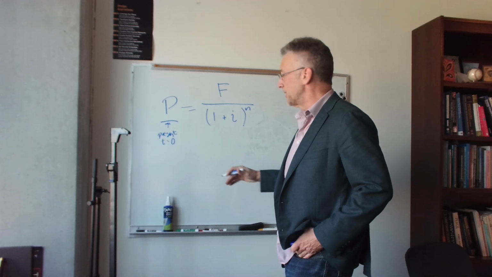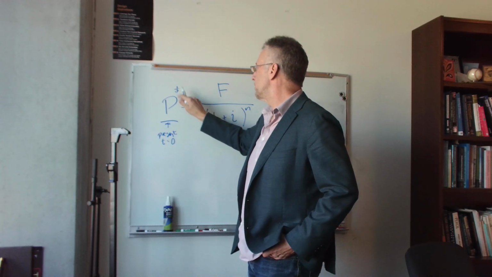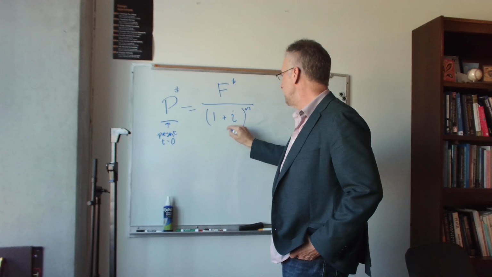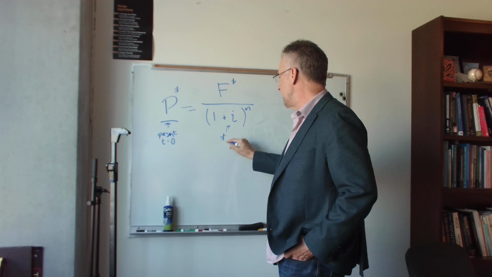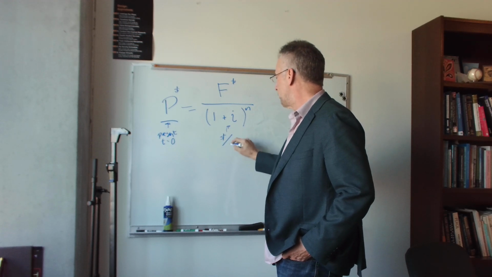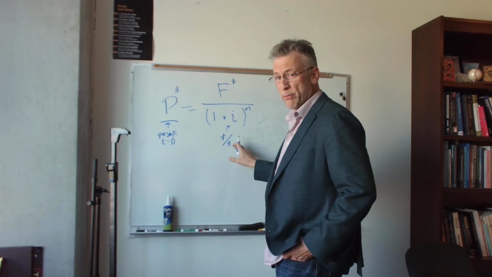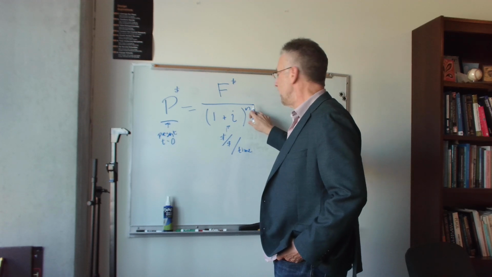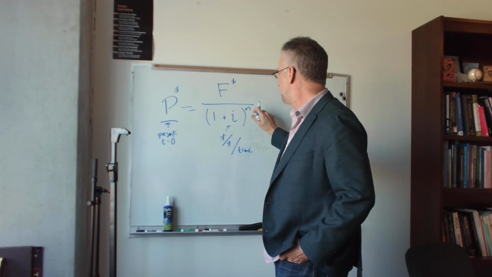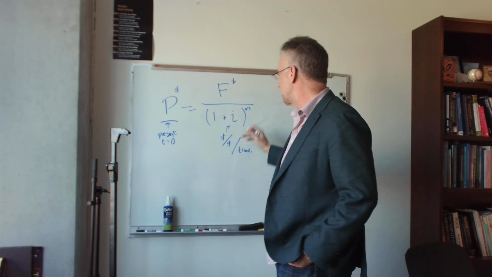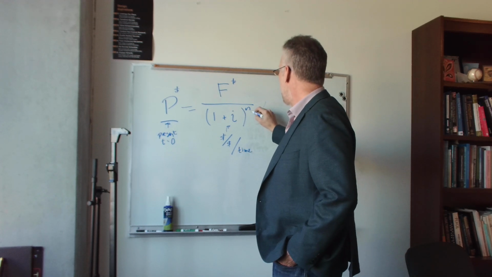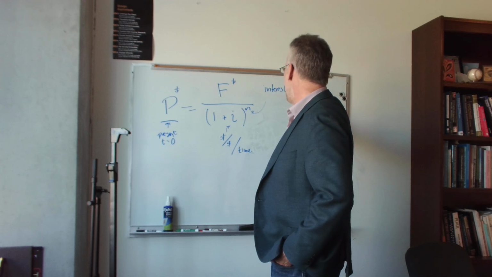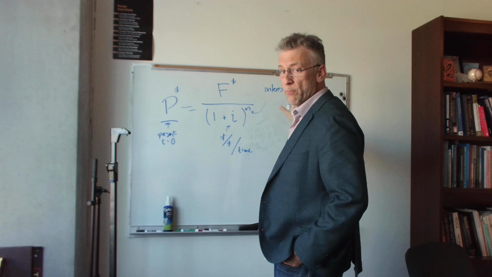We got to do some units. P is measured in dollars, F in dollars, but the interest or discount rate in dollars per dollar, so that would be percent per unit time. And the number of compounding periods, which we haven't talked about yet, is how many times the interest would be added to the principal.